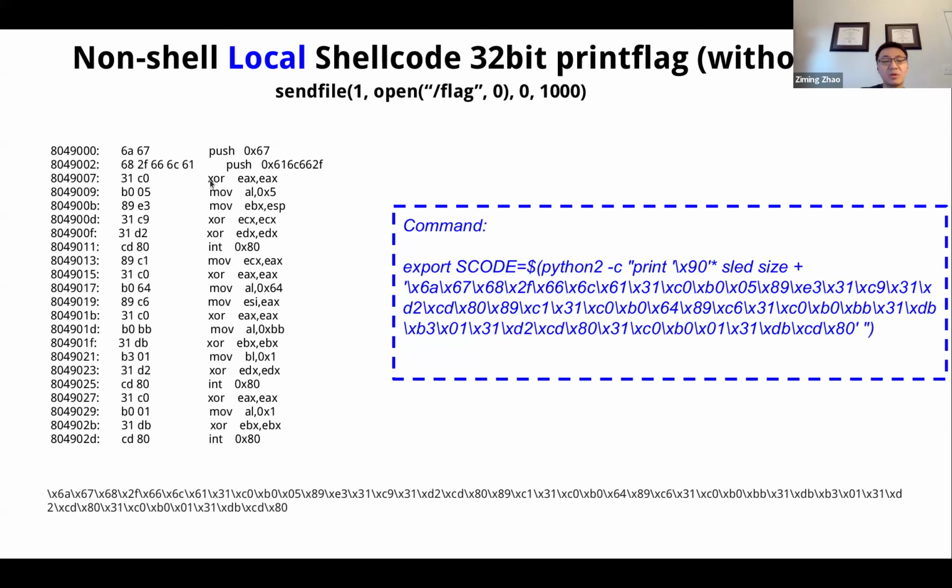For example, here we're using exclusive OR EAX, EAX. The idea of this is to make the content in EAX zero. Obviously, another more straightforward way to write this is just move EAX, zero, right? Directly move the value zero to EAX. However, there are several disadvantages of that approach.